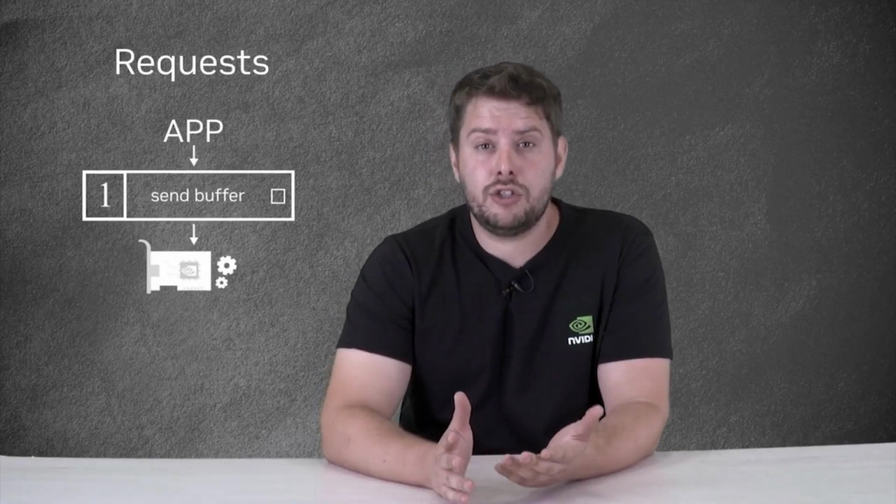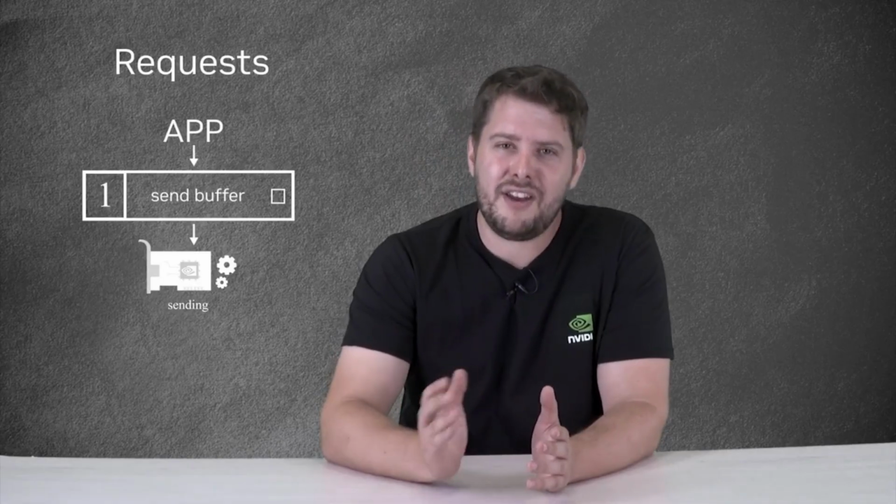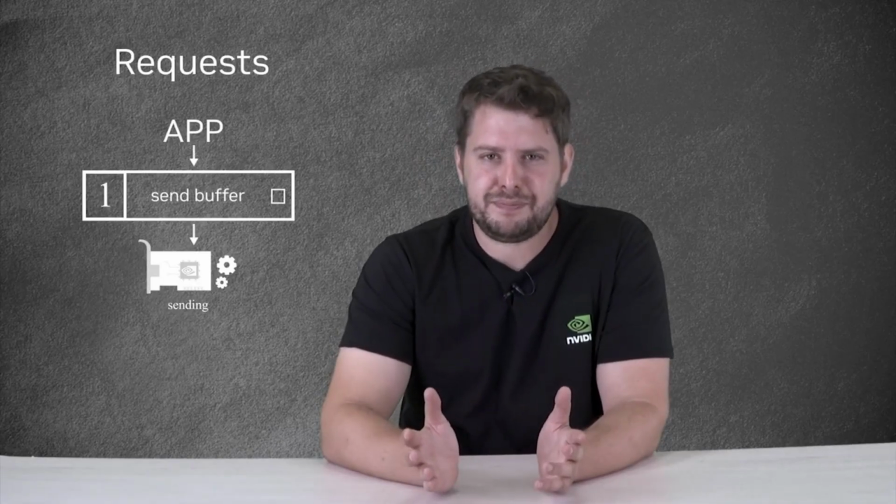So let's begin with verbs objects. The most important objects in the verbs API are requests, completions, and queues. Work requests are essentially requests from the application to the hardware to execute an operation, typically an RDMA operation.